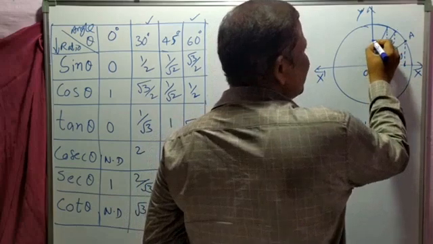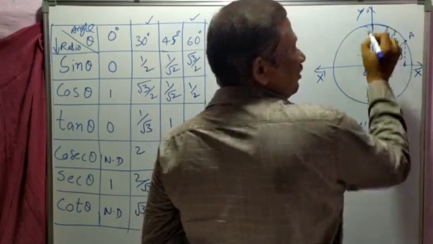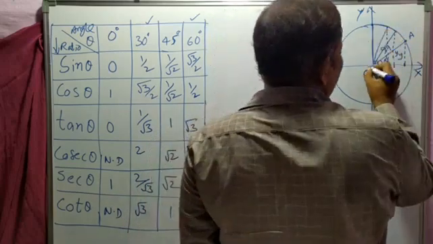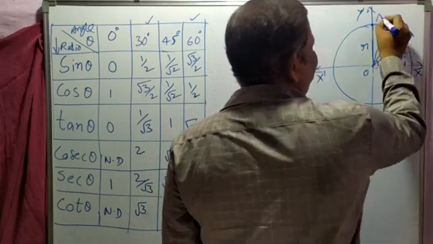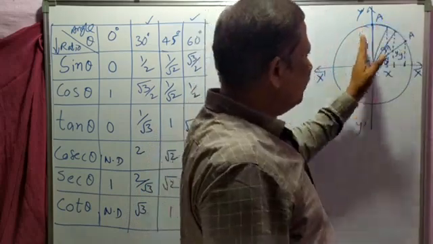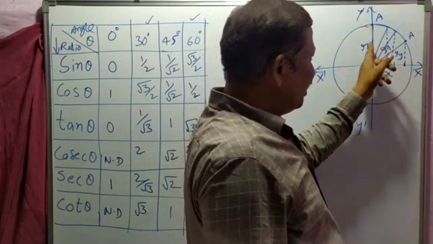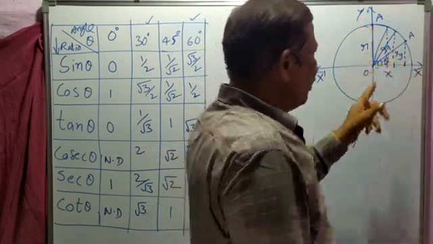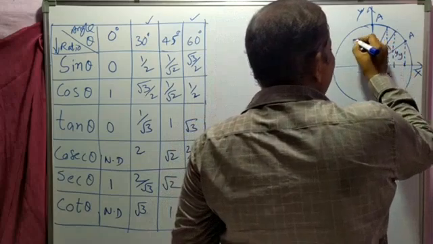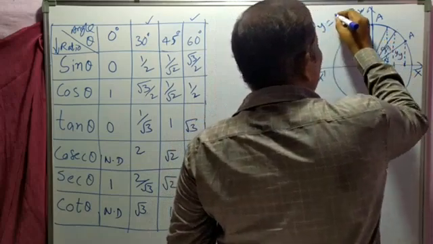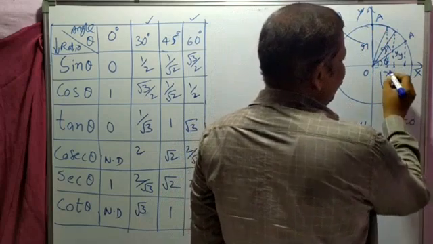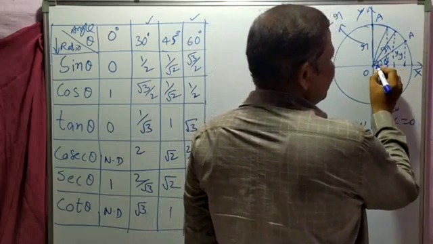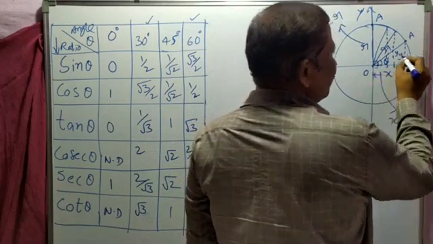Finally, when it coincides with the y-axis, it coincides with OA. A will come here, and the y value becomes r. Here, y is equal to r and x is equal to 0, because this value becomes 0.